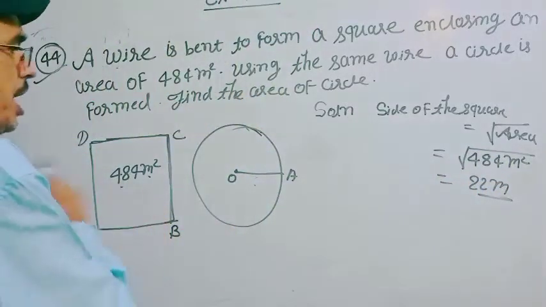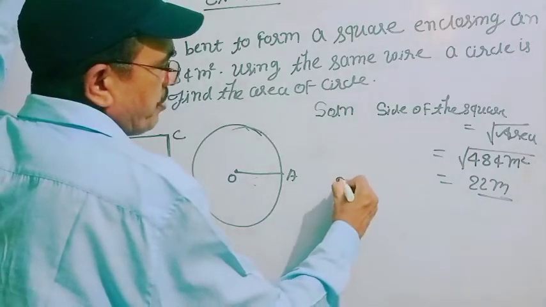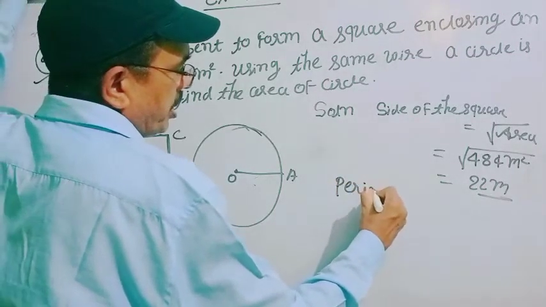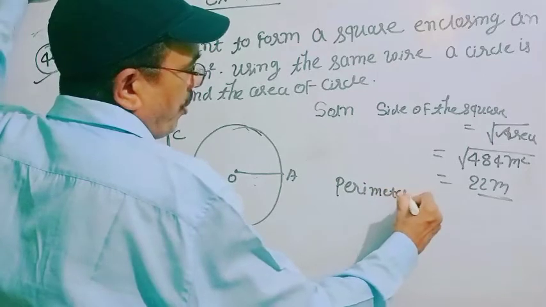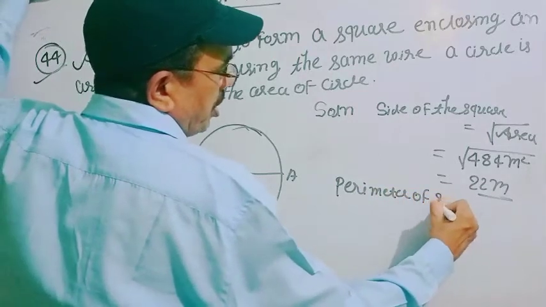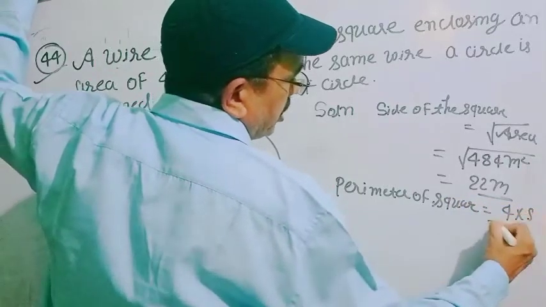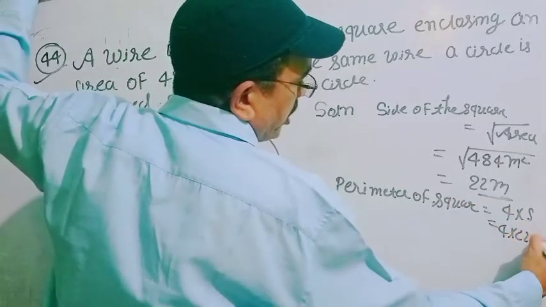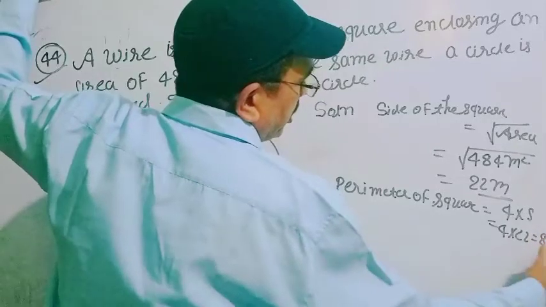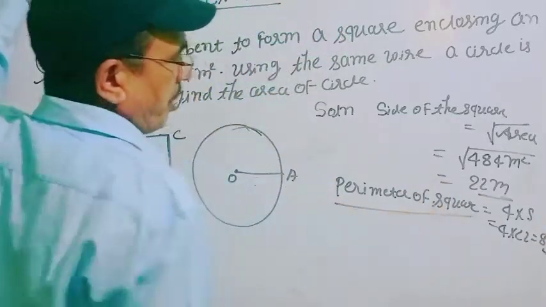It is the side of the square. So what is the perimeter? Perimeter of the square is equal to 4 into side. Then it is 4 into 22, that is 88 meter. It is the perimeter of the square.